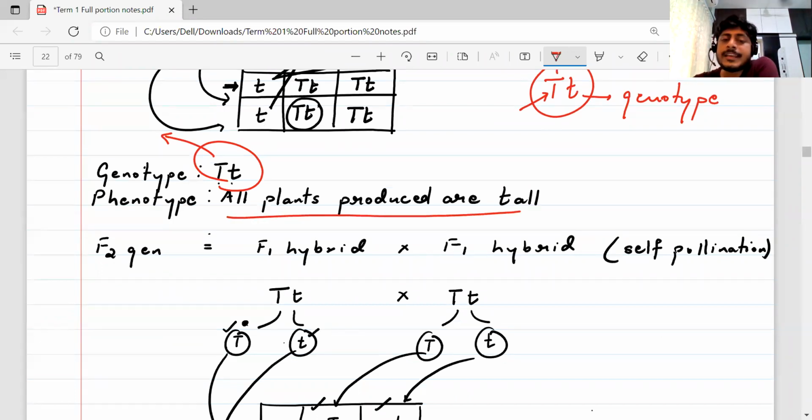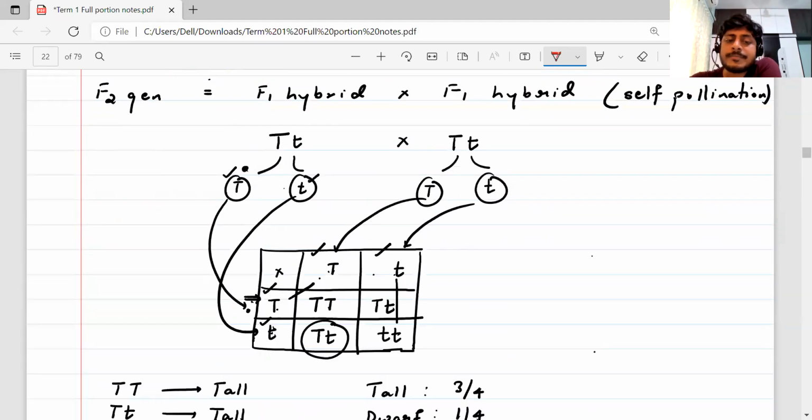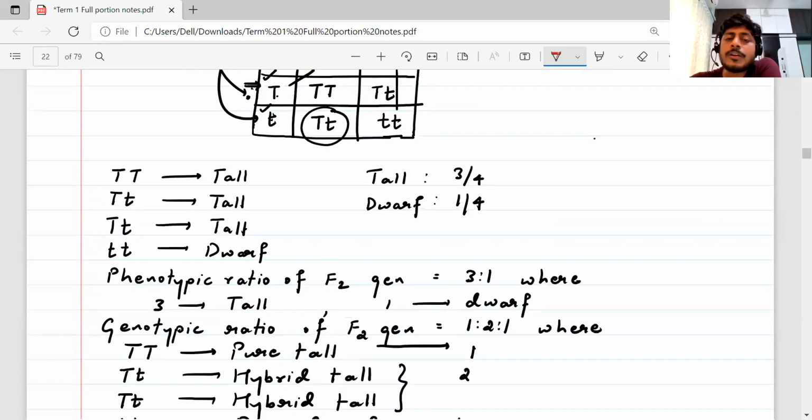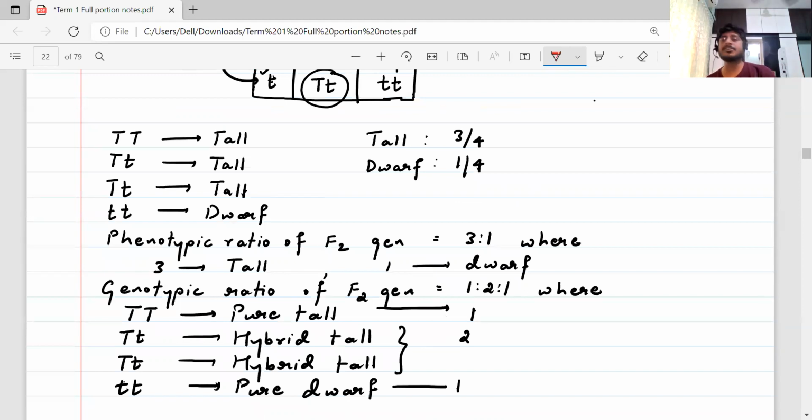Capital hamesha express karega, so all plants produced will be tall. Then F2 generation mein we did the same thing and we found that 3/4 were tall, 1/4 were dwarf. So the phenotypic ratio was 3:1. Then when you have to write the genotypic ratio, you have to look for whether it is homozygous or whether it is heterozygous. When it is homozygous, both the alphabets that you're writing will be the same.